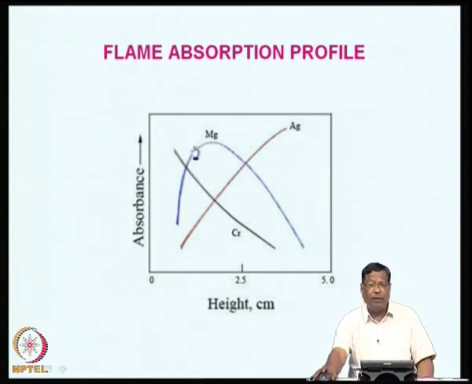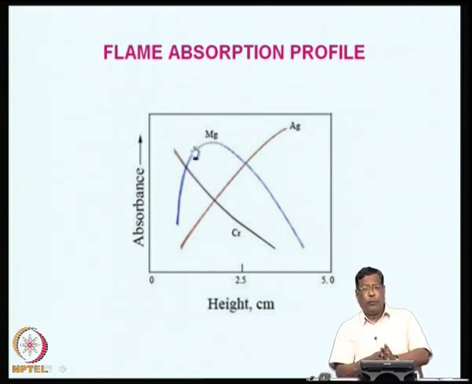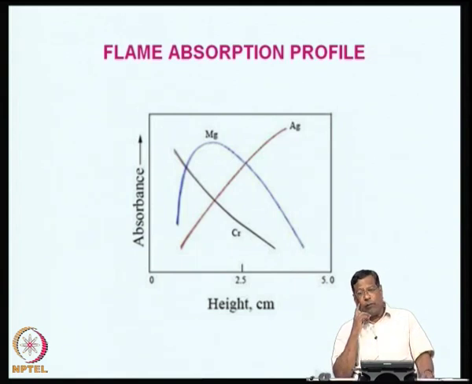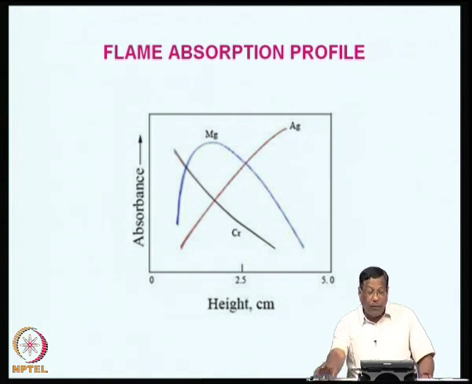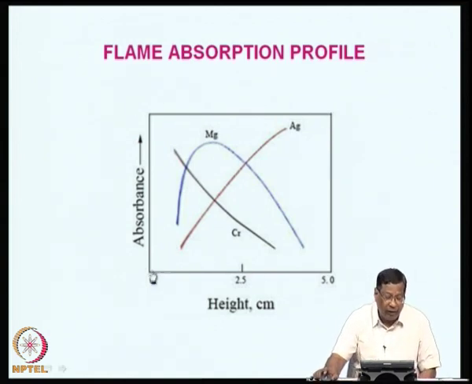Therefore, it is important for us to know at what height the flame should be fixed, through which the radiation is supposed to pass. So, in general, between 3 and 5 centimeters is the chosen height.